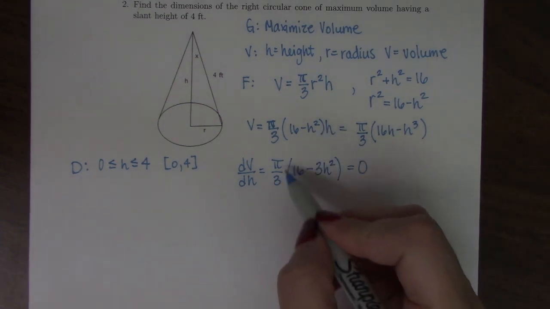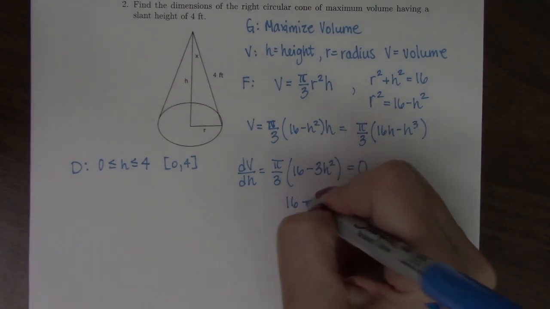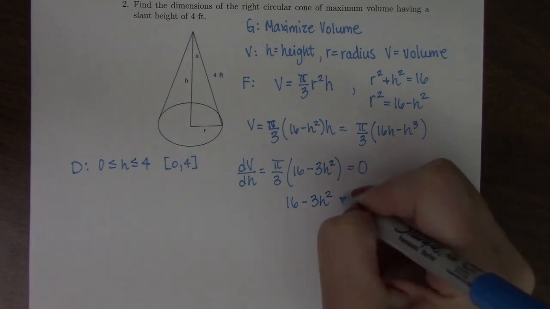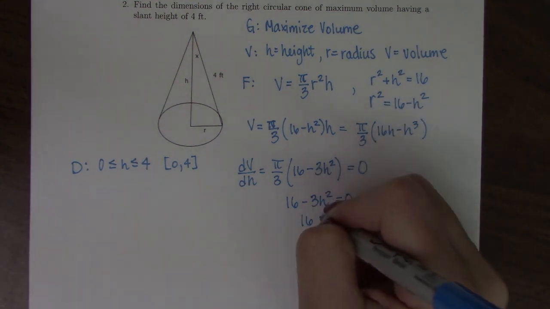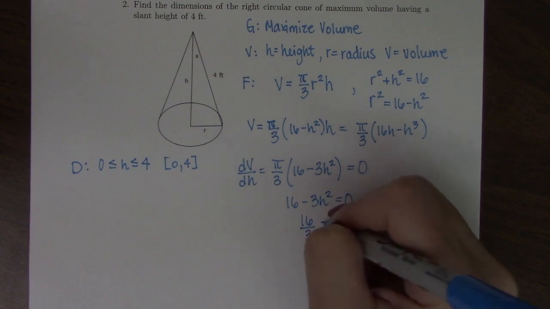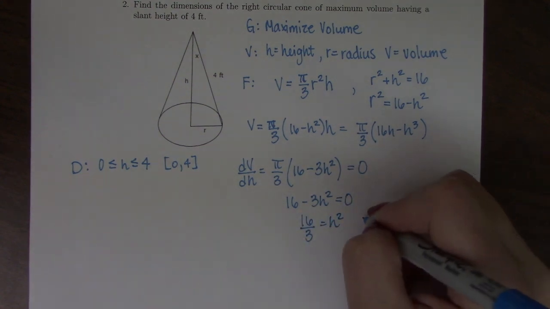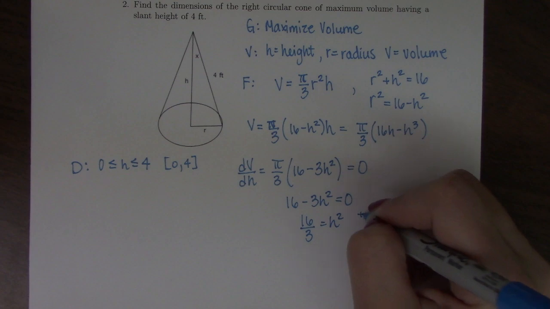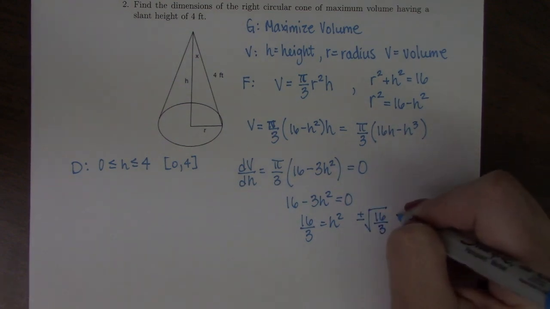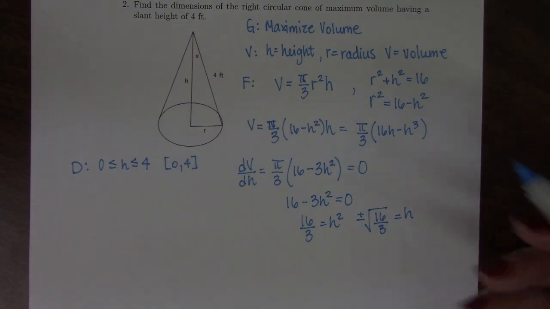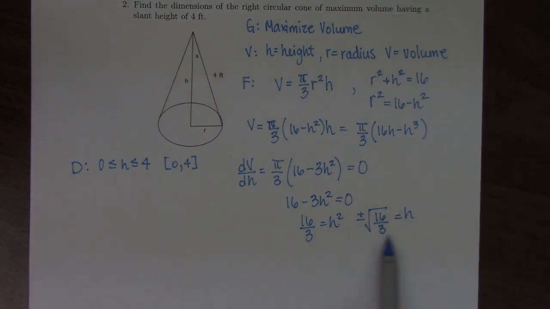Pi over 3 is never going to be 0, so I only have to set 16 minus 3h squared equal to 0. So 16 over 3 equals h squared, and plus or minus the square root of 16 over 3 gives me h.